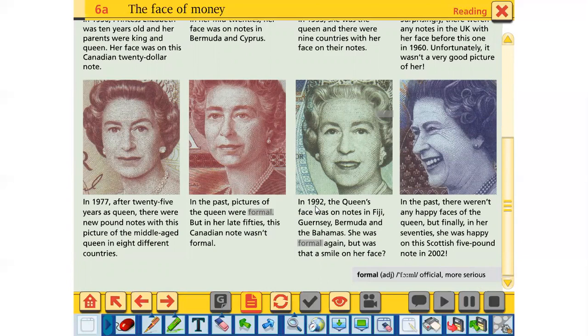In 1992, the Queen's face was on notes in Fiji, Jersey, Bermuda, and the Bahamas. She was formal again, but was that a smile on her face?